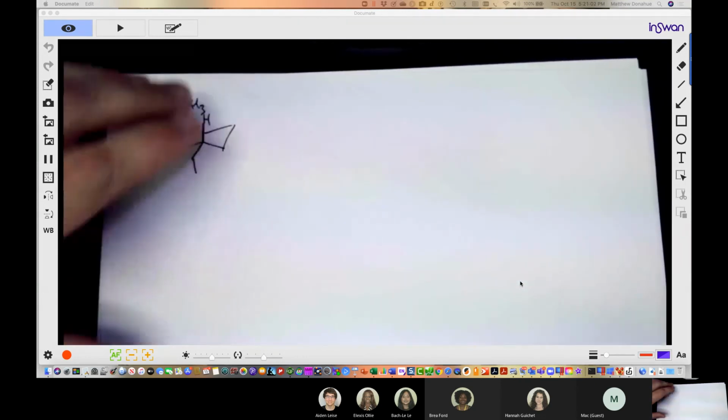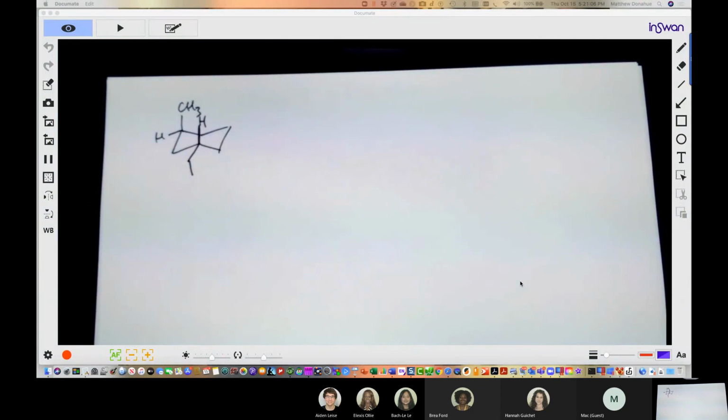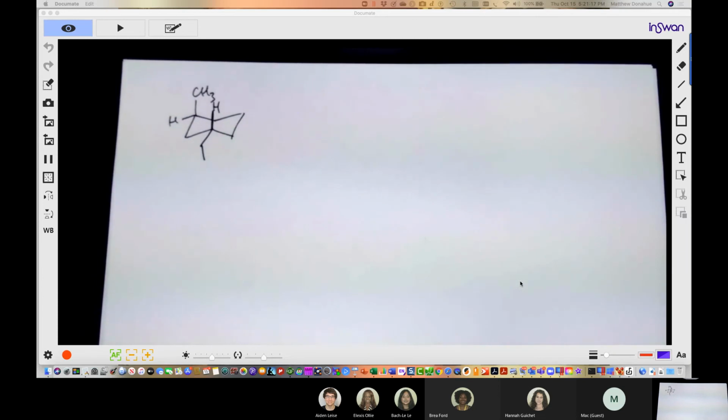Okay, so our collective goal is to understand assigning R and S to those chirality centers. So first, let me ask, how many chirality centers do you see in the molecule?